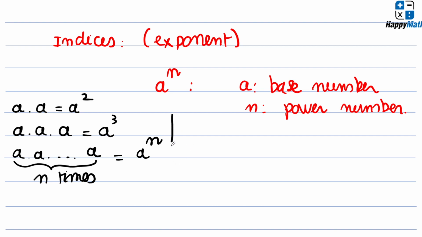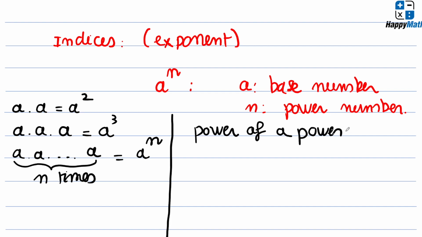And how about when you have a power of a power? What does it mean? That means when you have a squared inside the bracket, and outside the bracket we have another power number, 3.